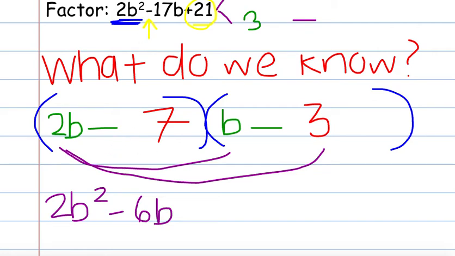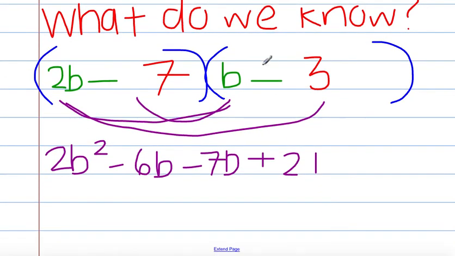And then we're going to go back through and we're going to see that this is negative 7b. And then we're going to get a positive 21 when we go back through to solve. Okay? So now we want to combine our like terms.